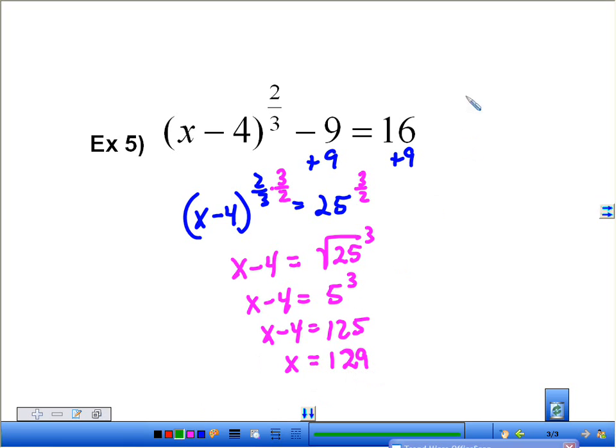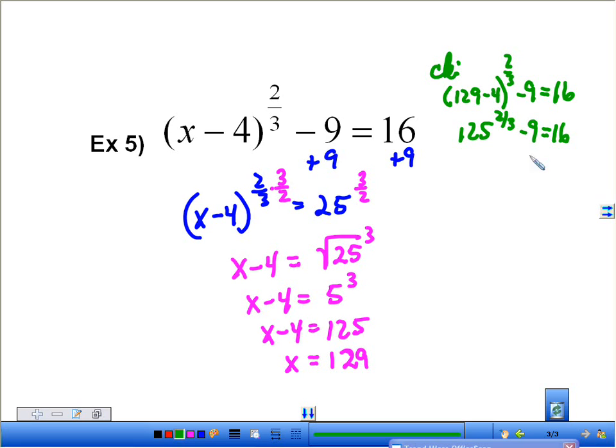Okay, let's check it to make sure that it works. So that gives me 129 minus 4 to the power of 2/3 minus 9 equals 16. 125 to the power of 2/3 minus 9 equals 16.